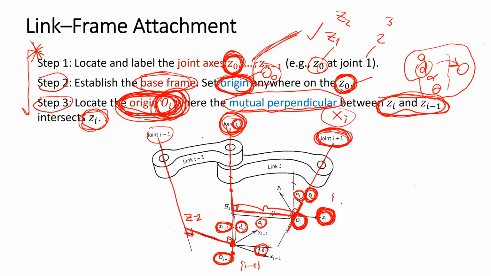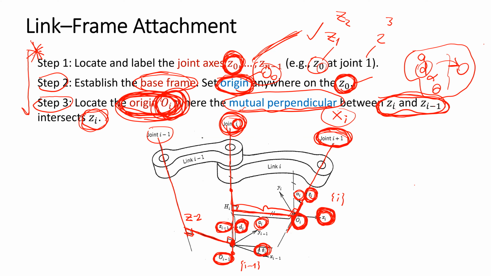The process that we did is we firstly rotate about the z-axis with the angle theta. We translate in the z-axis with the distance d. We translate in the x-axis with the distance a.